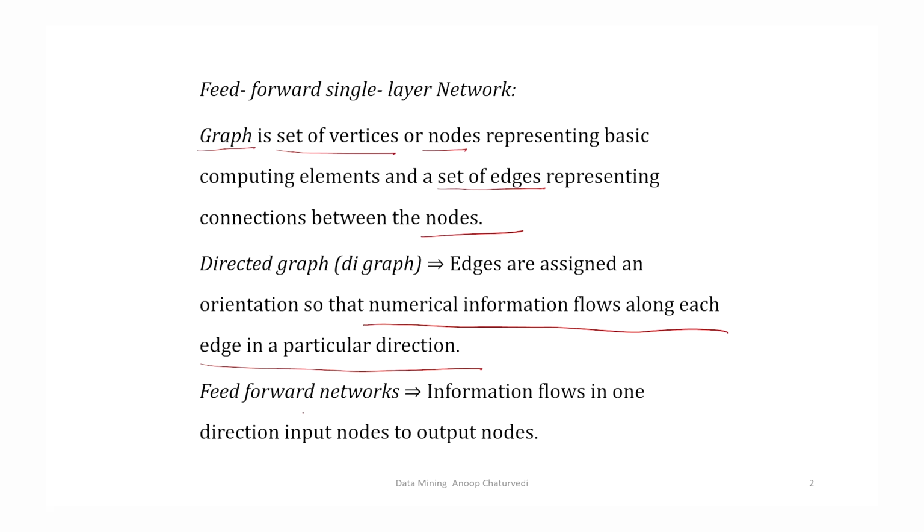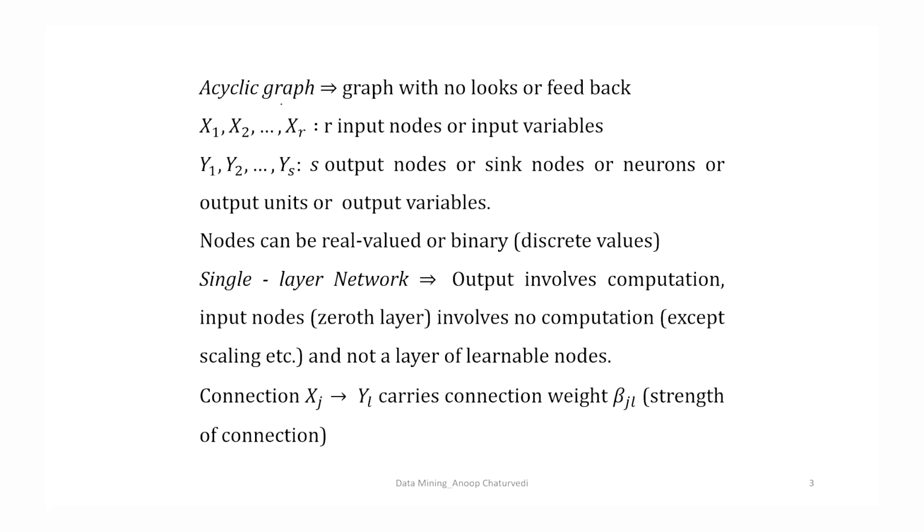In feed forward networks, the information flows in one direction, that is from input nodes to the output nodes. So, we get the input data from input nodes, and then the information flows in one direction towards the output nodes. The graph is acyclic; an acyclic graph has no loops or feedback.